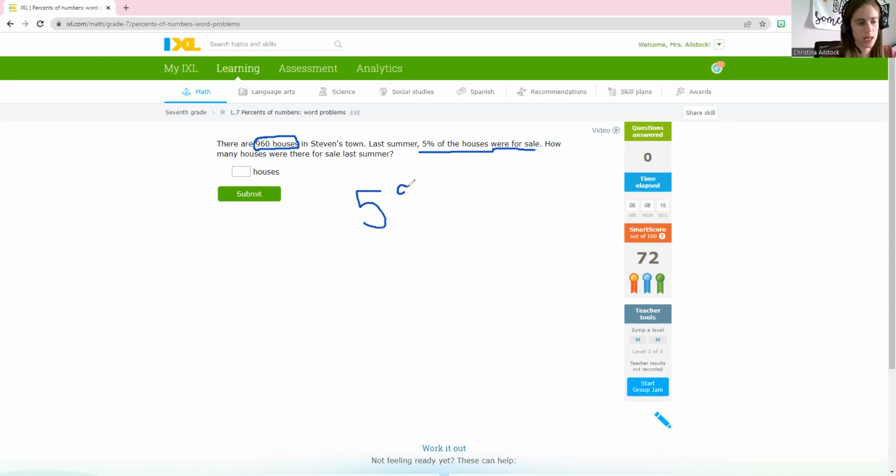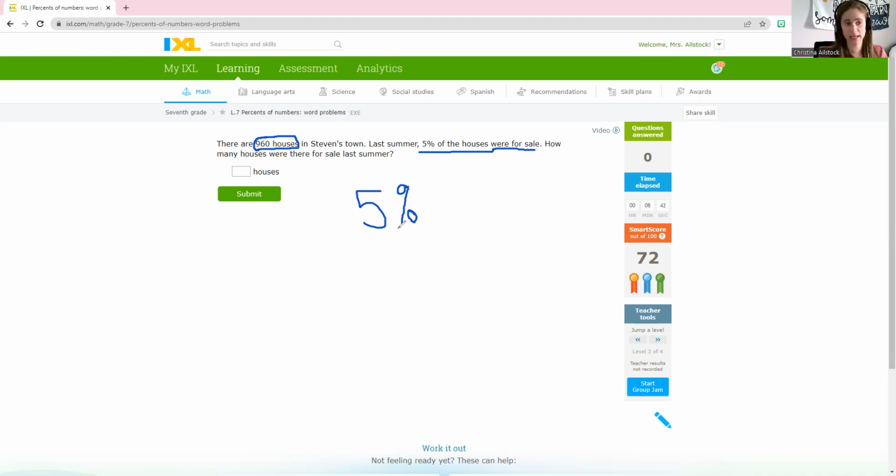So first step is to convert that 5% into a decimal. Now this is the one part that's just a little different from the rest, because that 5% is just one single number. But to turn a percent into a decimal, remember we need to move the decimal point twice. We are still going to do that because percent is per 100.